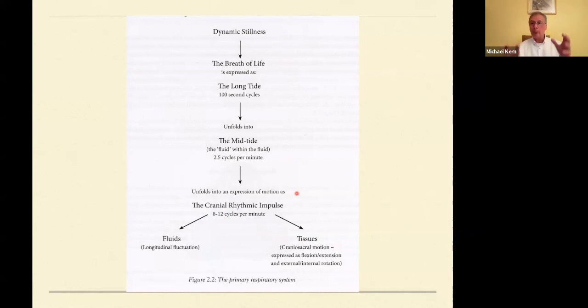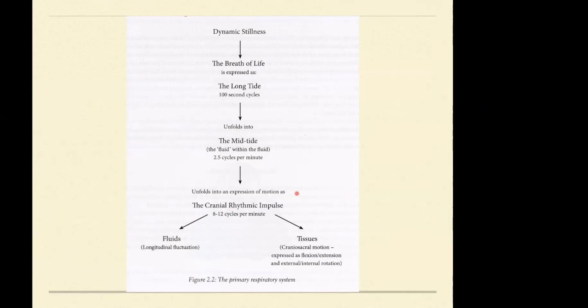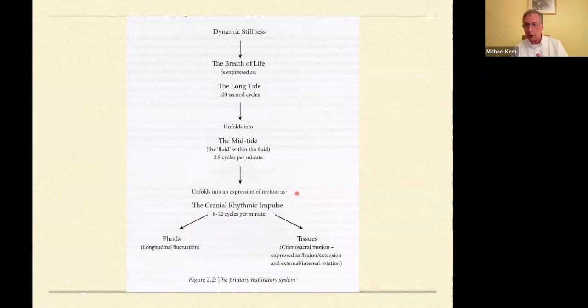You're much more into the realm of tidal movements. So remember the tides in the ocean. There is a rhythmic movement one way. The whole volume of ocean, of fluid, is moving in one direction and then moving back. And so it is. It's a very similar principle in the human body. You're much more in the realm of a tidal rhythm. And this is more the domain of the mid-tide.